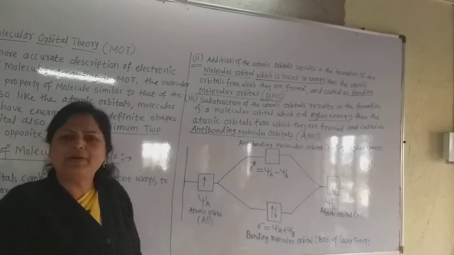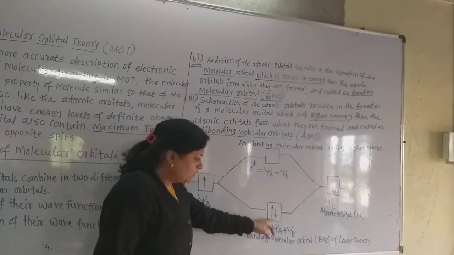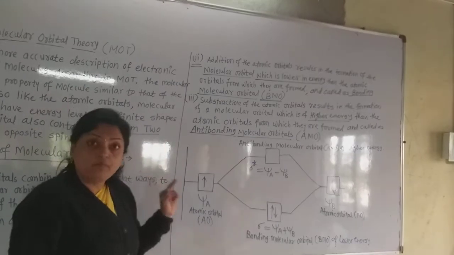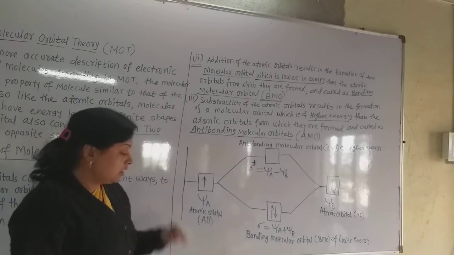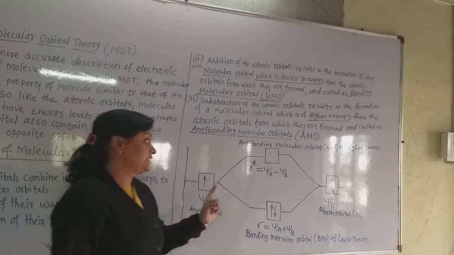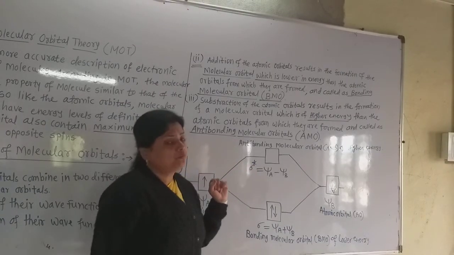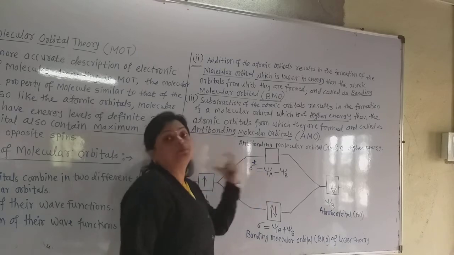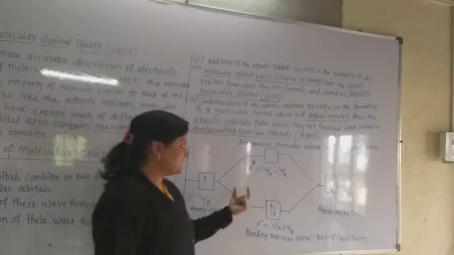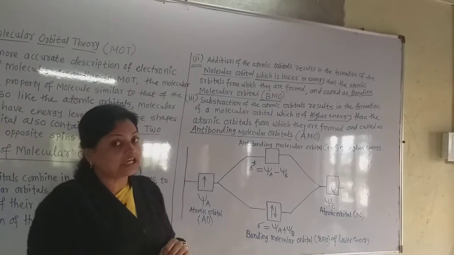Remember that. But here there are only 2 electrons, so I put these electrons into the bonding orbital. These anti-bonding orbitals are denoted by the symbol sigma star, and they are formed due to the subtraction of the wave functions, that is psi A minus psi B. In this way molecular orbitals are formed.